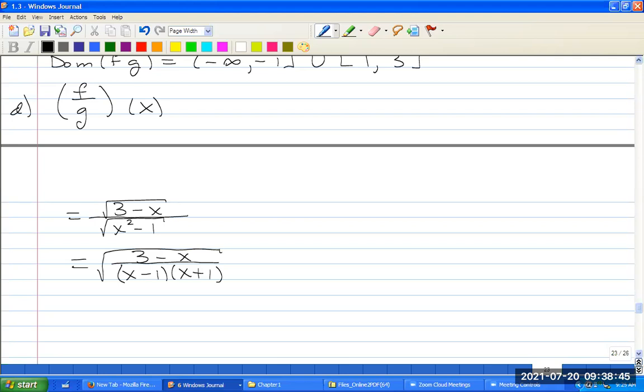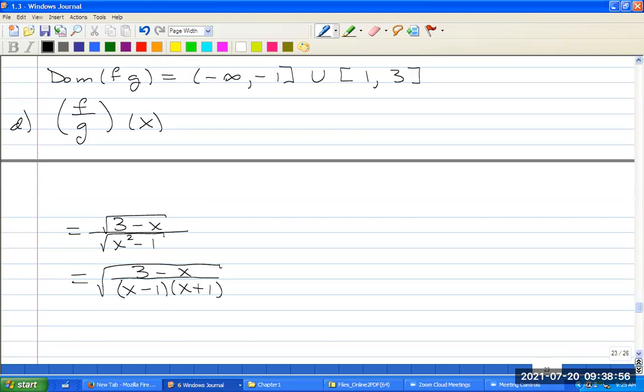Again, I can find the domain. Actually, I know it's the same as the domain of f times g, take away the kernel of g. So that would just take away where g is 0, the critical numbers. So it would take away the 2 critical numbers.